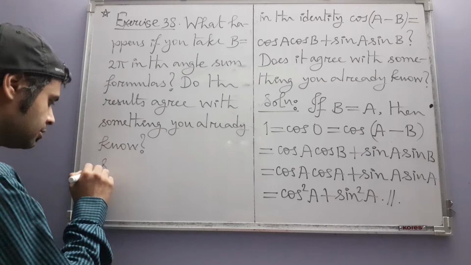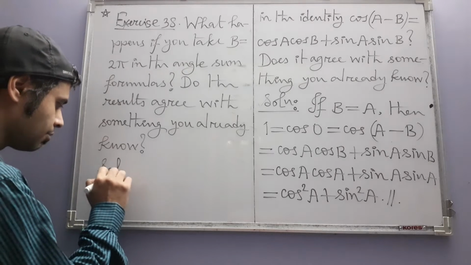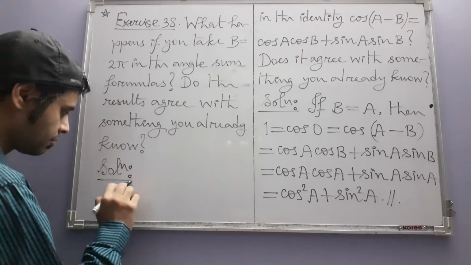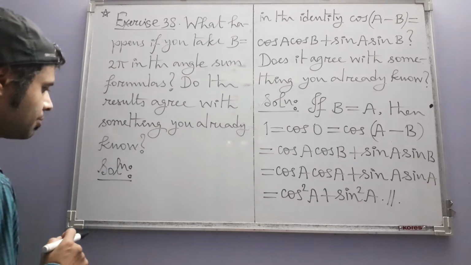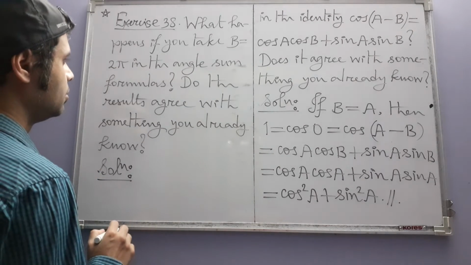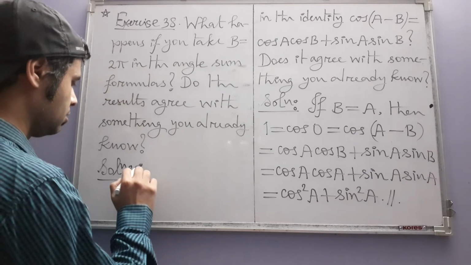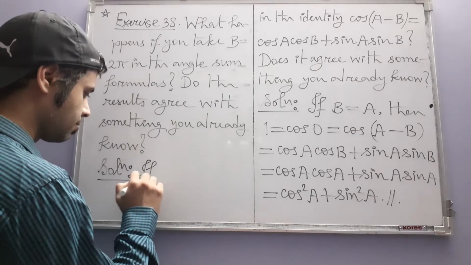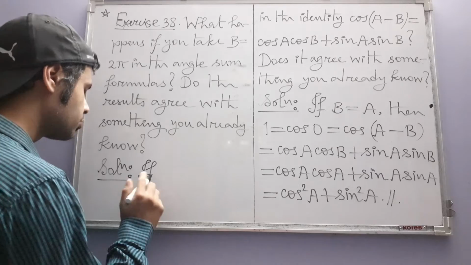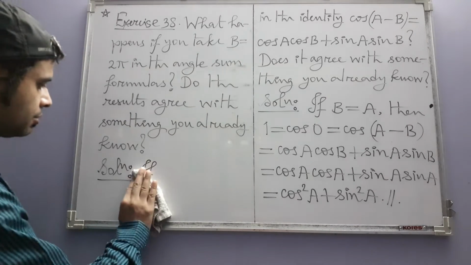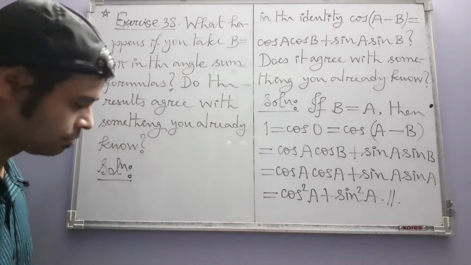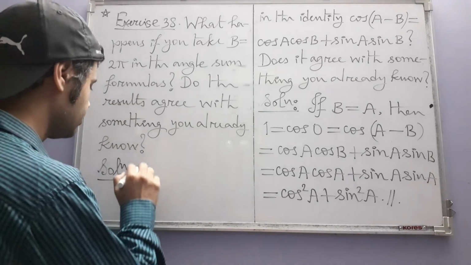So here it just simply means the ones which have the plus sign or the plus operation. Or we can start like this. Instead of writing if b equal to 2 pi, we can just directly write like this.